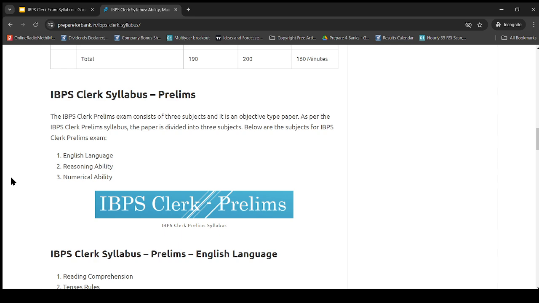However, the detailed syllabus is not provided in the IBPS notification or shared on any IBPS link, but from the trend of the previous examinations, we are able to conclude how many questions are being asked and which topics a candidate needs to prepare for this exam.